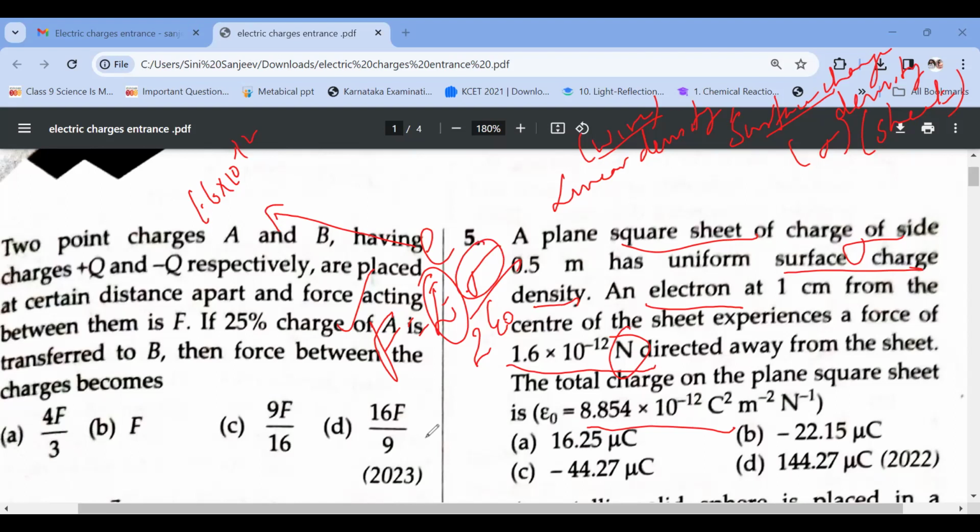So sigma is basically, this 2 will go this side, 2 F epsilon naught by E. So this is my force 1.6 into 10 power minus 12, and 10 power minus 19 is the charge of an electron. If you substitute all of these things, you will get it.